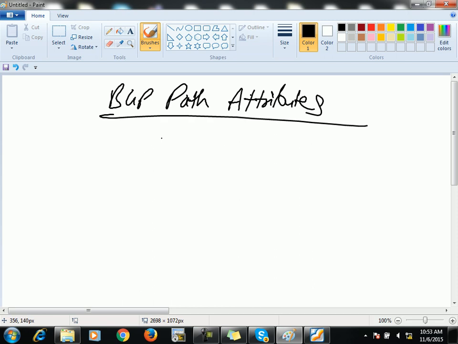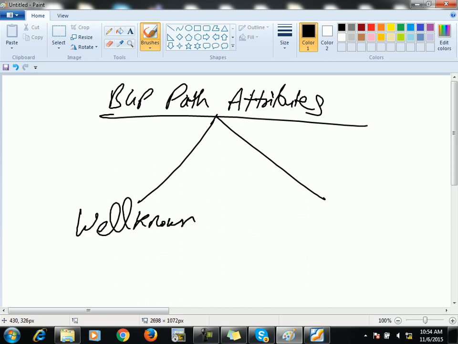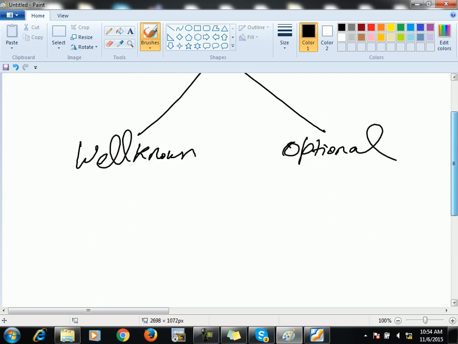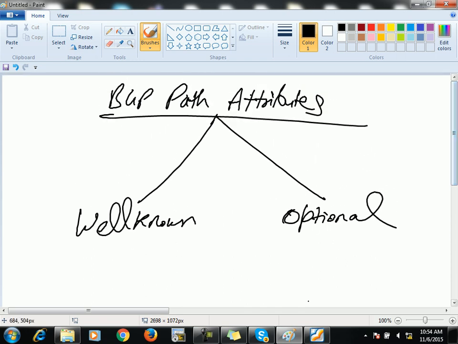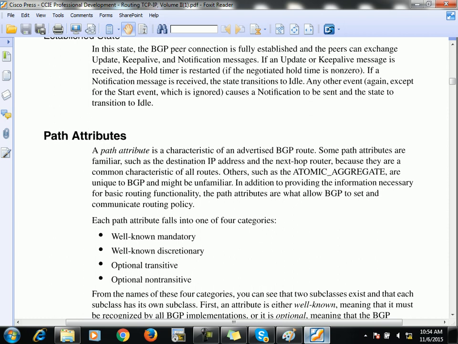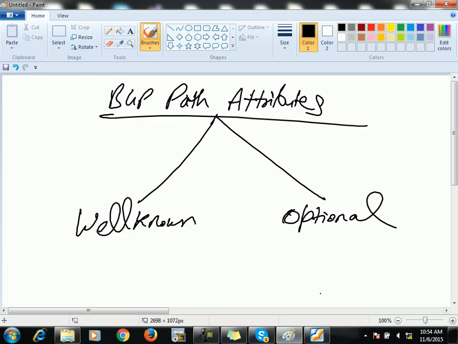We have two types of path attributes in BGP: well known and optional.